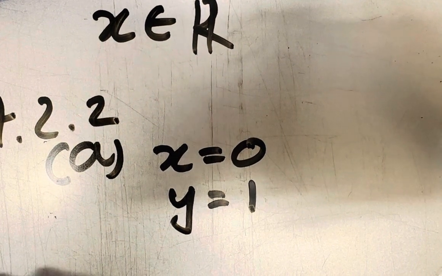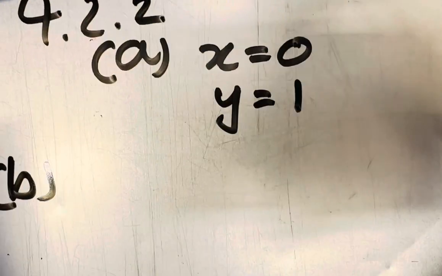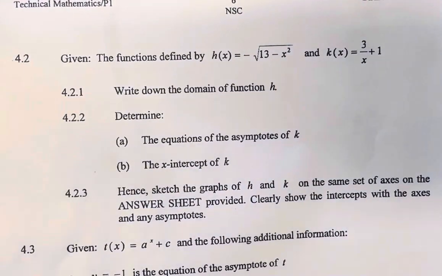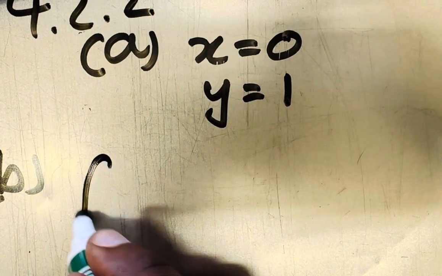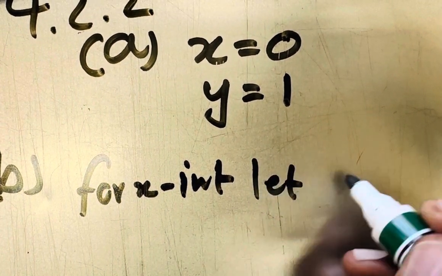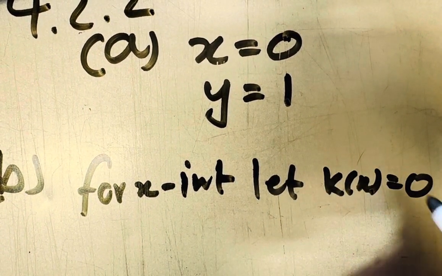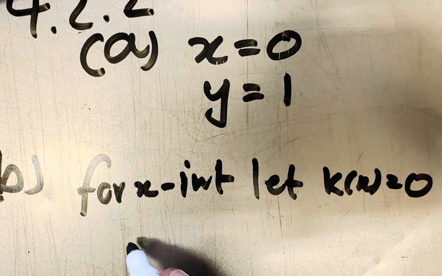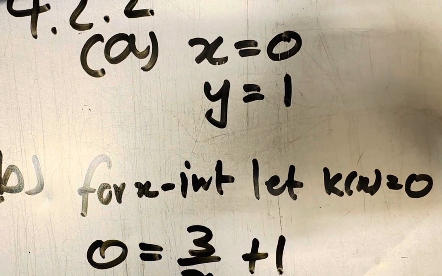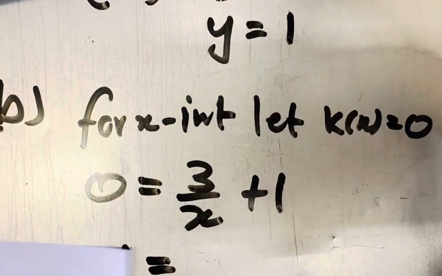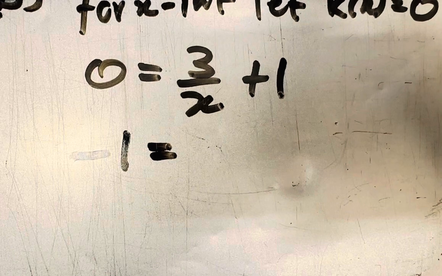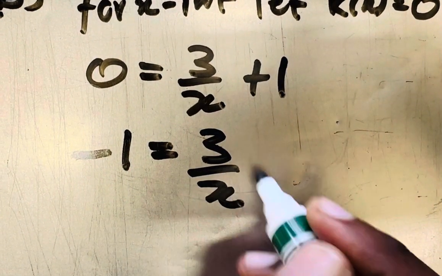Then for b, it says the x-intercept of k. For the x-intercept, let k of x equal 0. Which gives 0 equals 3 divided by x plus 1, which we transpose to get negative 1 equals 3 divided by x.